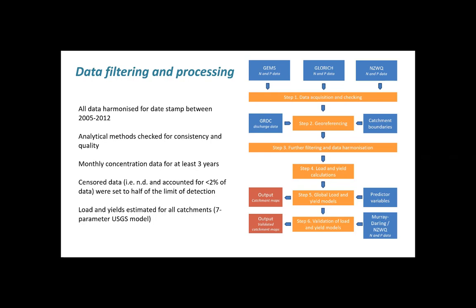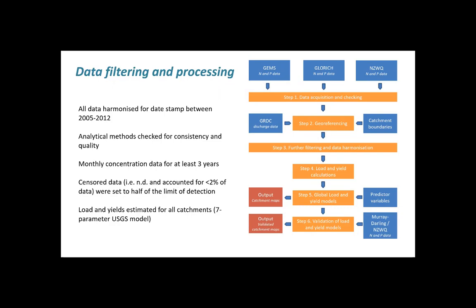Where there were censored data, i.e. non-detects, which accounted for less than 2% of the data set, they were set to half the limit of detection. We have subsequently done some imputation techniques to smooth that out, but that wasn't in this particular data set.